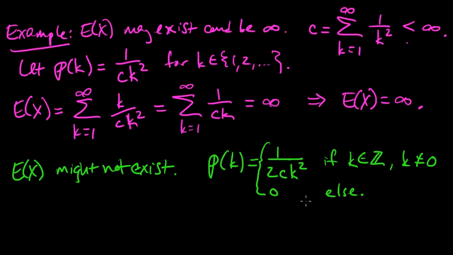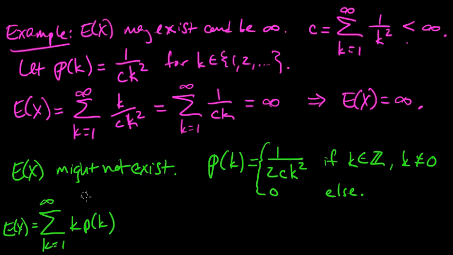Then it may not be too difficult to see. Let me just write it briefly here. If we try to compute the expected value, then we have the sum over all k of k times p of k.